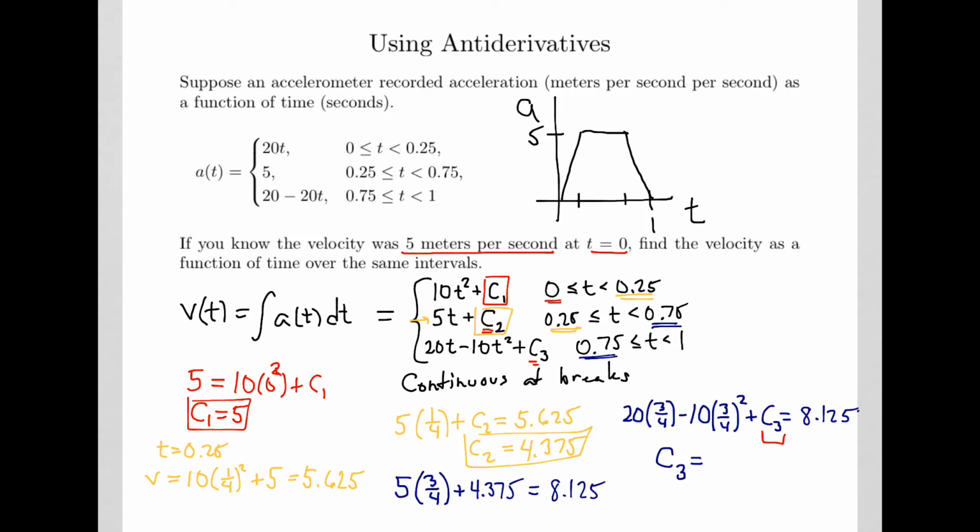Okay, and now if I calculate my C3, I get that C3 should have been equal to negative 1.25. Alright, so let me clear some space. I'll summarize these results.